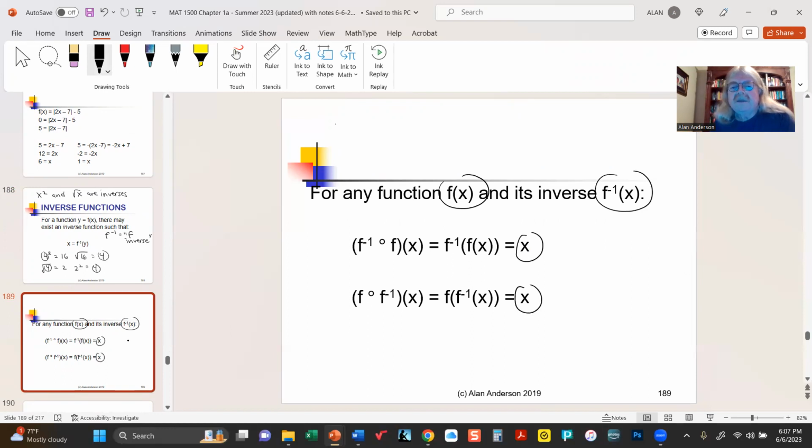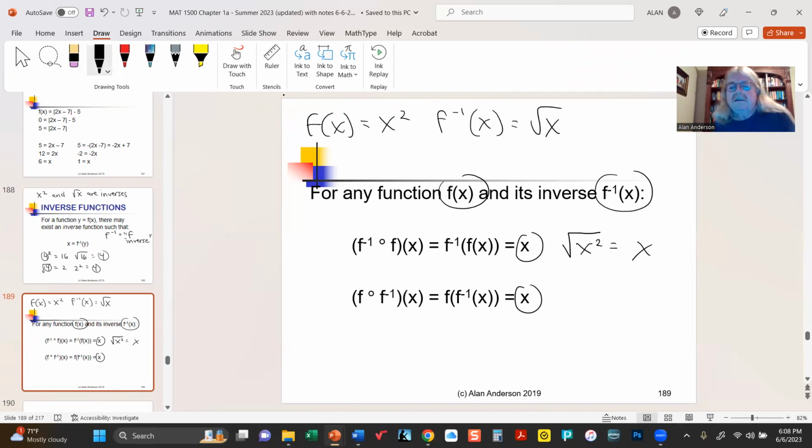Like I said, if we let f of x equal x squared, and we claim that f inverse is radical x, this first one is saying that radical x squared is x, and the second one is saying that radical x squared is x.